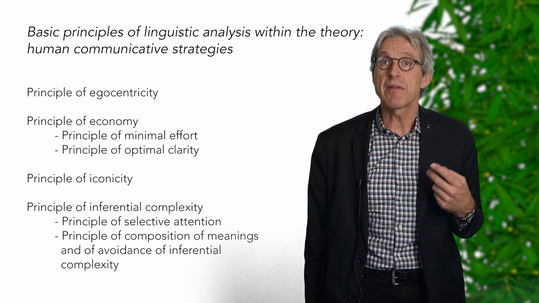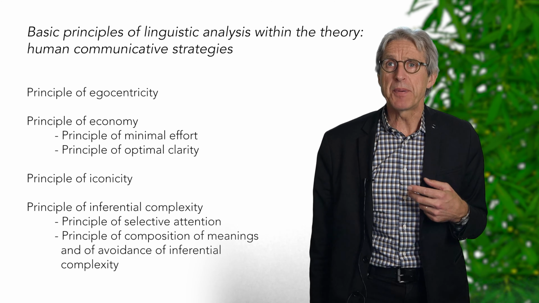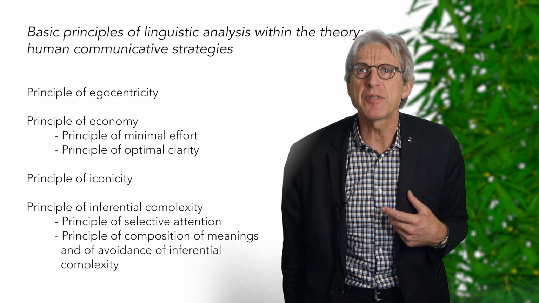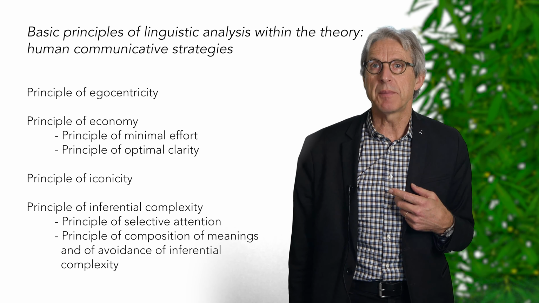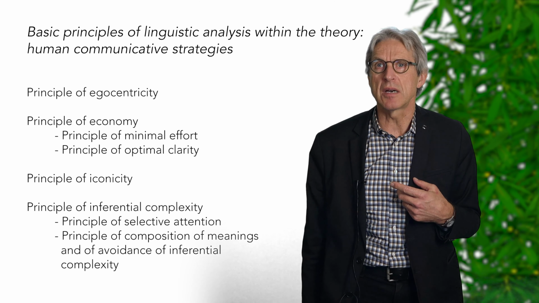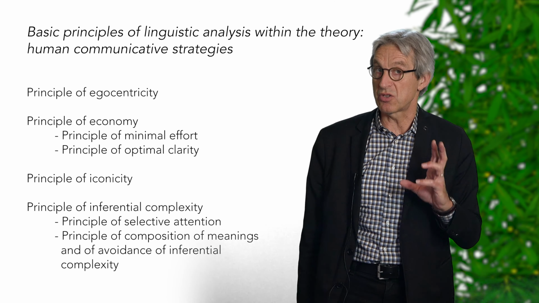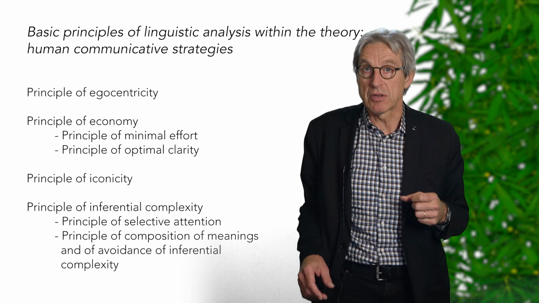And then we have the principle of iconicity, and finally the principle of inferential complexity, the principle of selective attention and the principle of the composition of meanings and of avoidance of inferential complexity. Those are two sub-principles of the main one, inferential complexity.